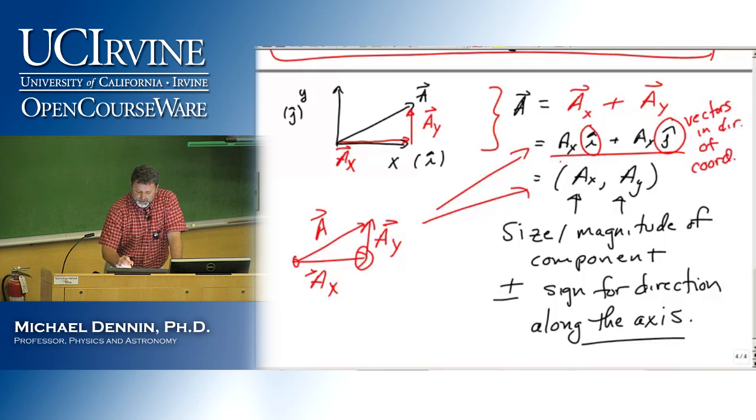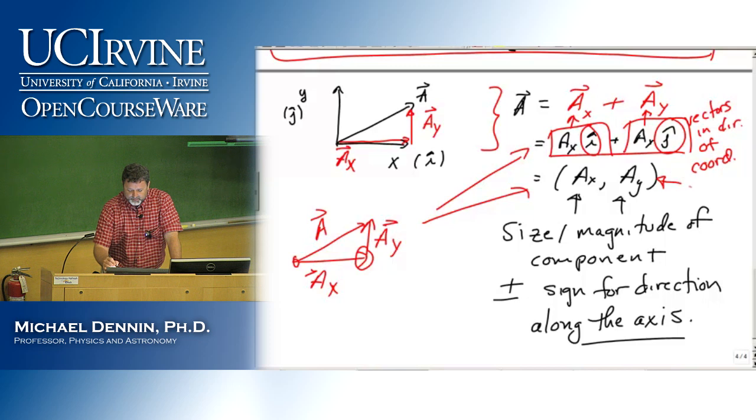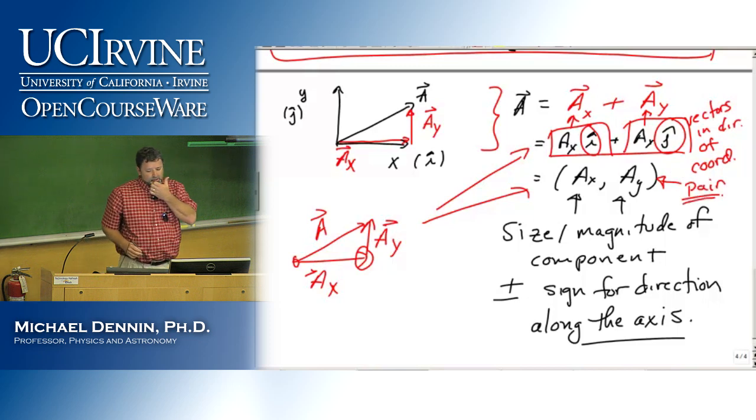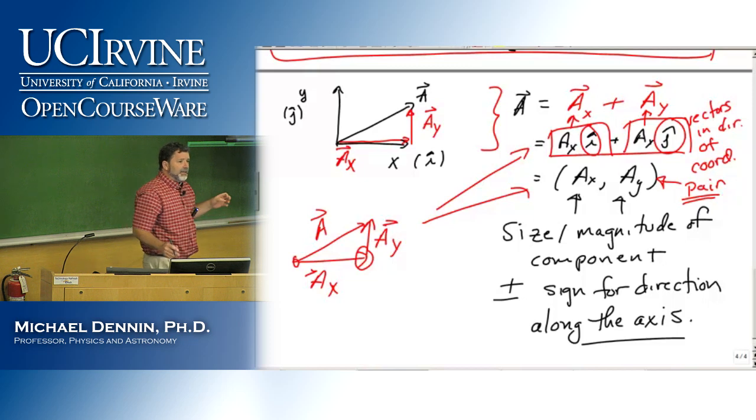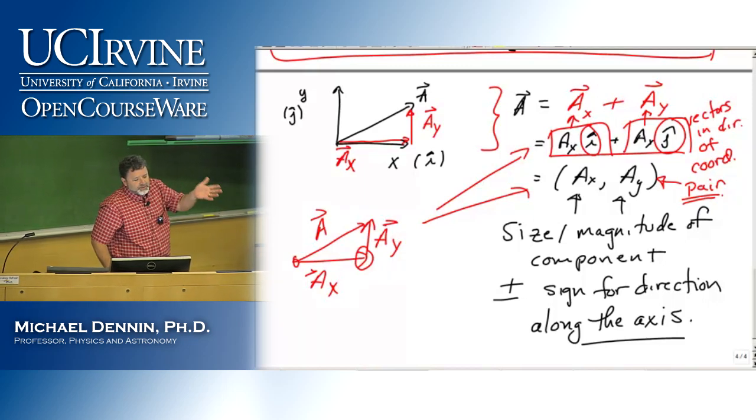So strictly speaking, these are still the vectors right here. And then the other way we can write it as a pair of numbers that are our two coordinates. So there's a lot of different notations you'll see in the book or in different situations or tests you have.